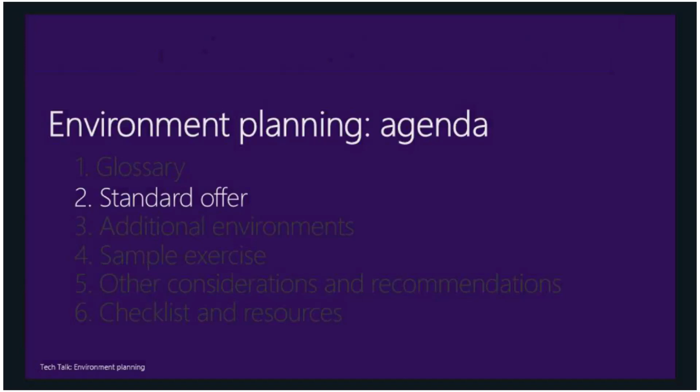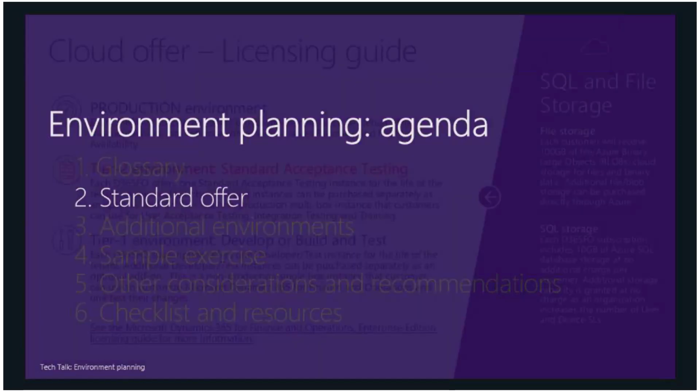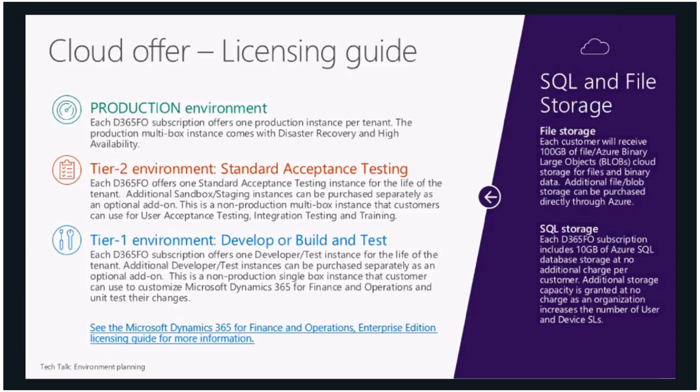So let's now cover the standard offer, what you get when you have purchased 20 licenses for finance and operations. In the standard offer, we're providing you one environment to operate your business, that is production. It is disaster recovery enabled and highly available.